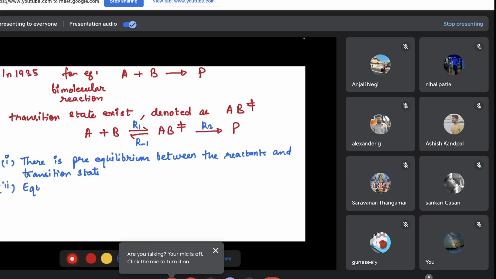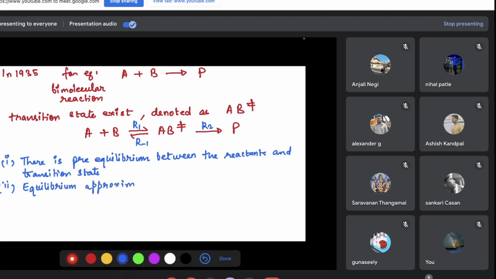So it holds true if K2 is very slow. That means my product formation is much slower.